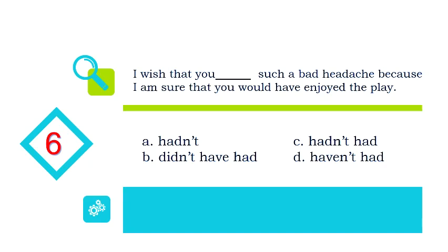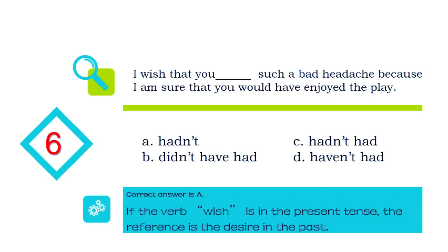As you can see on the question, we have the word wish. And what's the rule in using wish in the sentence? It says here, if the verb wish is in present tense, therefore our reference must be in past tense. So simple formula is present, which is wish, and past tense, which is our reference.